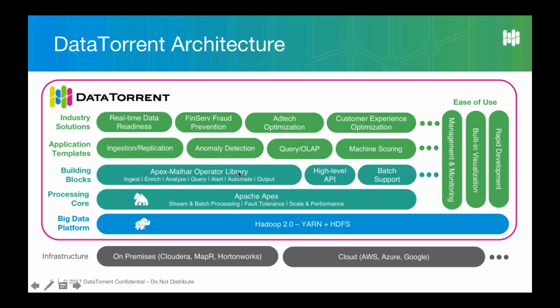And on top of that, we have something called the Malhar operator library, right? The core engine itself is responsible for all the constructs such as fault tolerance, scalability, performance, and so on. But if you have to build your application, you need functions that read data from your source, do some processing, and then land it in your destination, right?